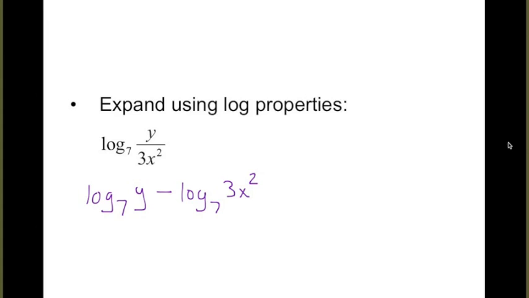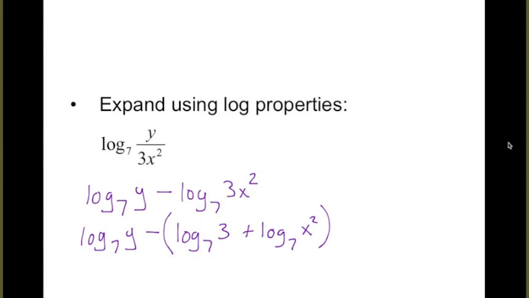It's 3 times x squared, so multiplication separates with addition, and this is what we need to be careful of. We're subtracting everything after the minus sign, so what we really need to do then is subtract in parentheses the separation of that. Okay?